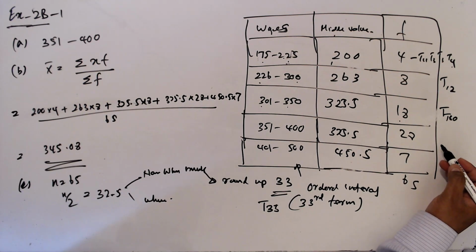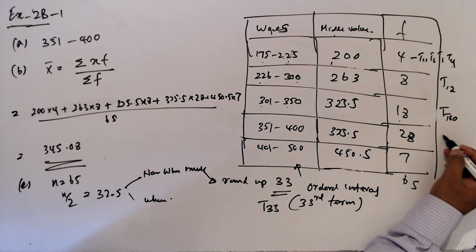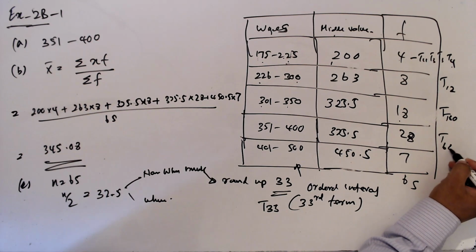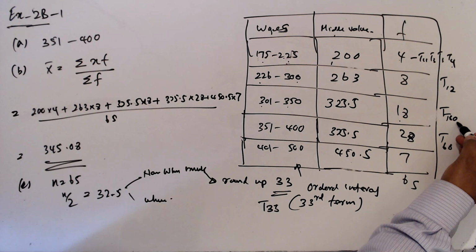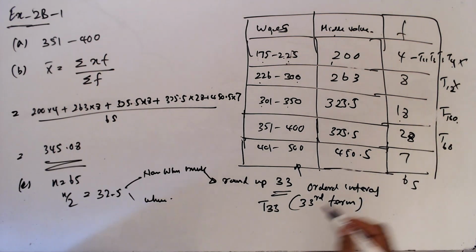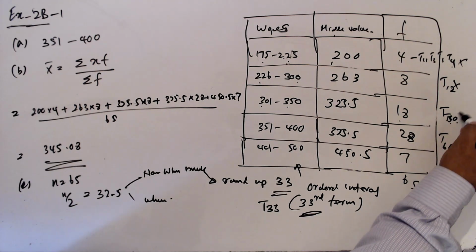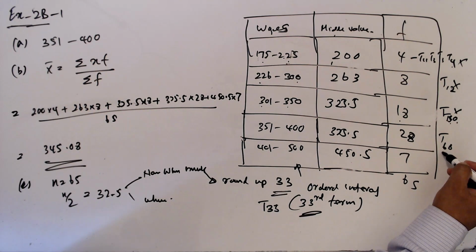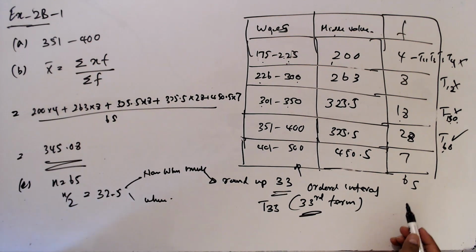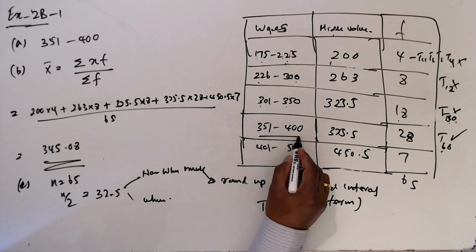Then the other 28, so T58. Is it in T30? No, still 3 less. Is it in T4? No. Is it in T12? No, because it's the 33rd term. Then is it in the 58th? Yes, that is the one. So then it is in between 351 and 400.